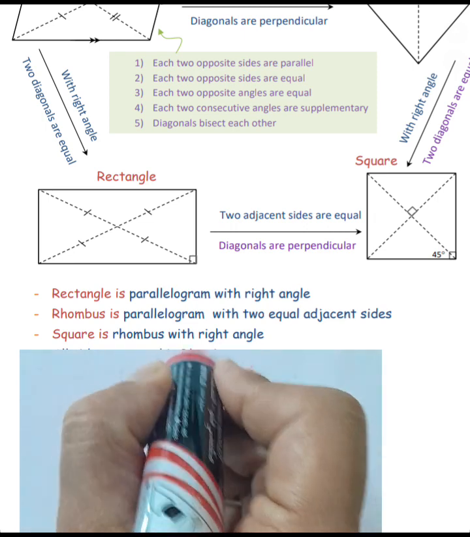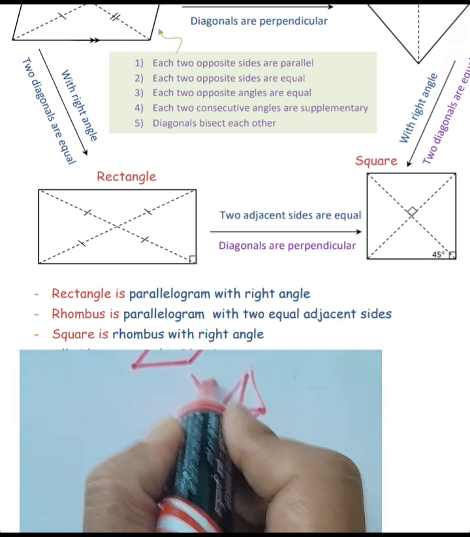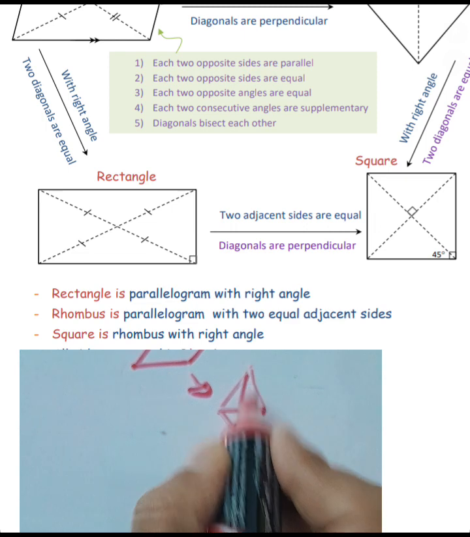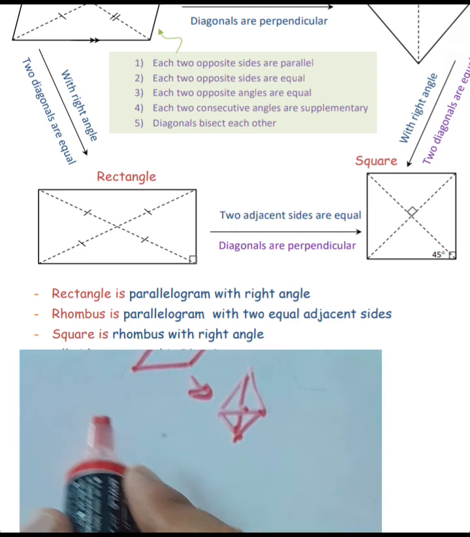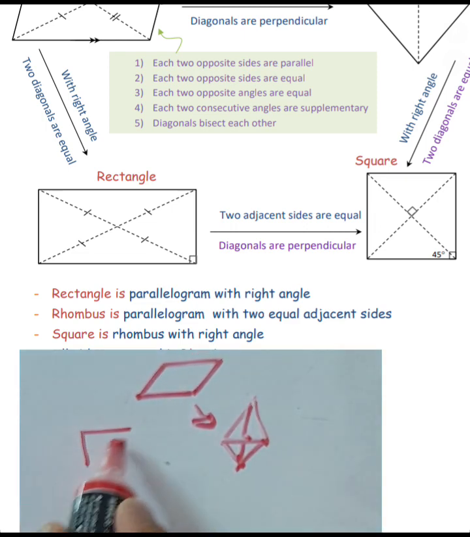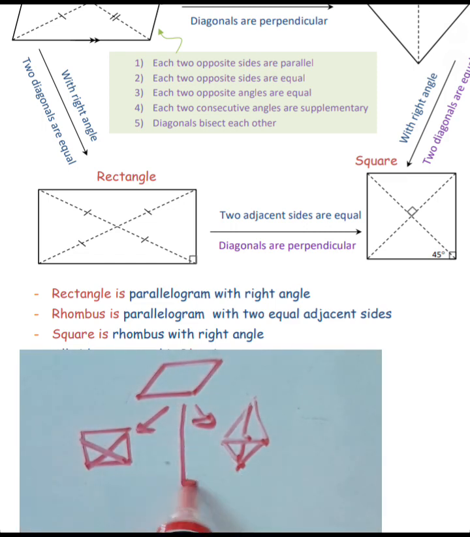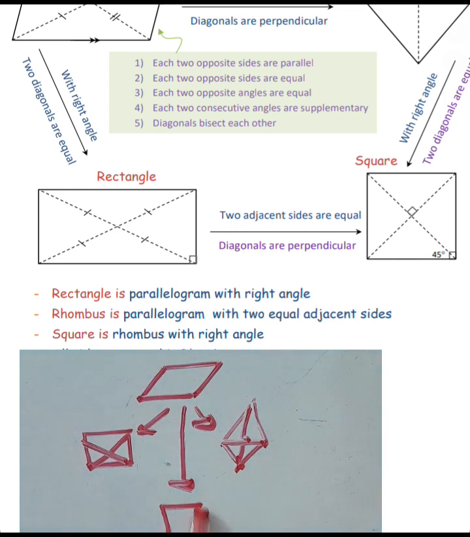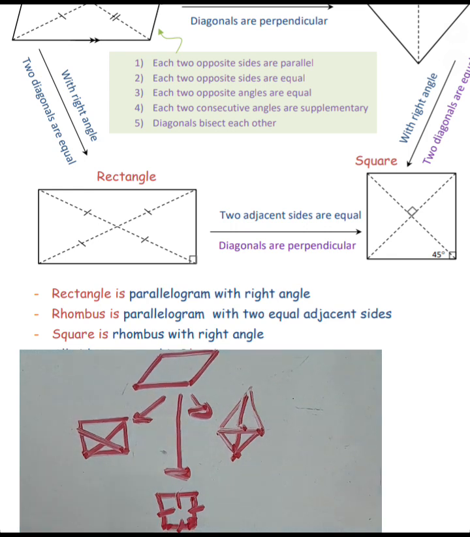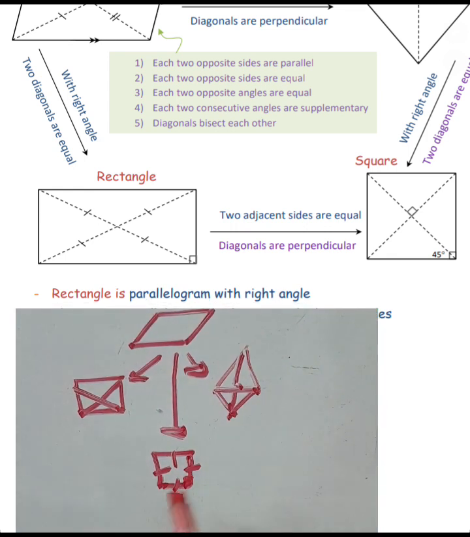Again, a parallelogram will be a rhombus if the two diagonals are perpendicular, and a parallelogram will be a rectangle if the two diagonals are equal lengths, and a parallelogram will be a square if both sides are equal lengths and each angle measures 90 degrees, or a parallelogram will be a square if the two diagonals are perpendicular and equal lengths.